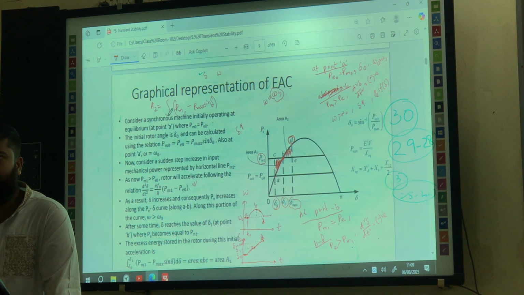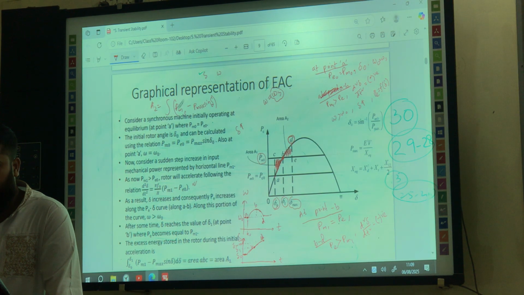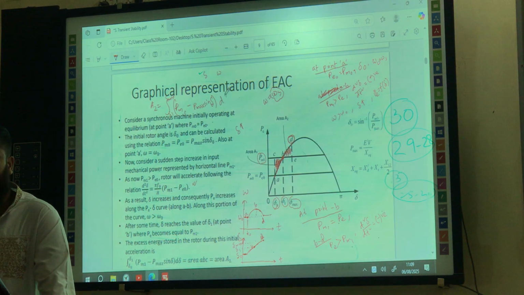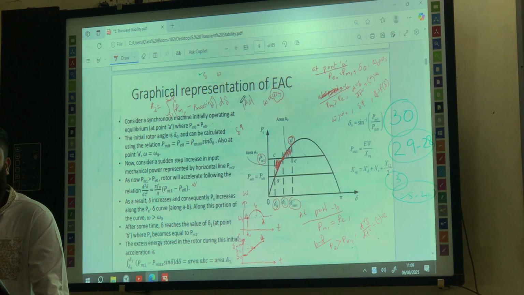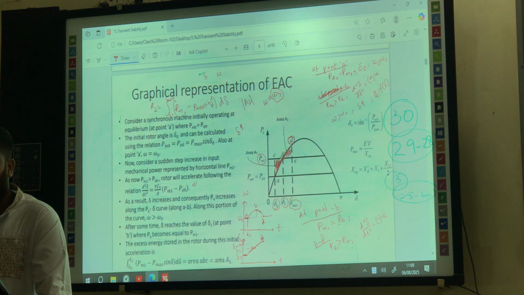What will be the lower limit? It will be delta 1, and the higher limit will be delta max, and we integrate with respect to delta. Later we will get a minus sign, so you can take the modulus of it. Minus area means this is the deceleration area, and positive area means the acceleration area. That's why you can use the same expression here. Though you will get the minus, minus means the deceleration area.